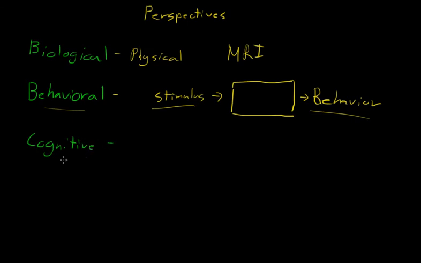And moving on to cognitive. This is the first time that we actually start thinking about what might be happening in this box. Rather than saying a function of stimulus outputs behavior, we're trying to say, well, what actually goes on in there? How does memory work?